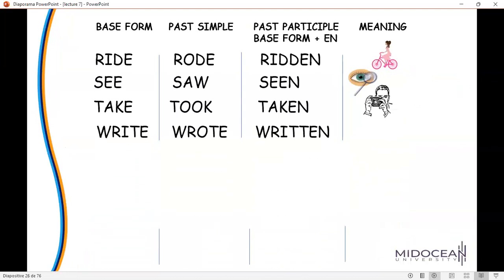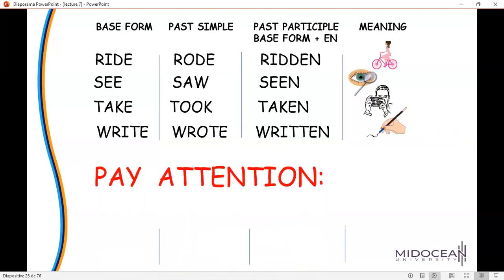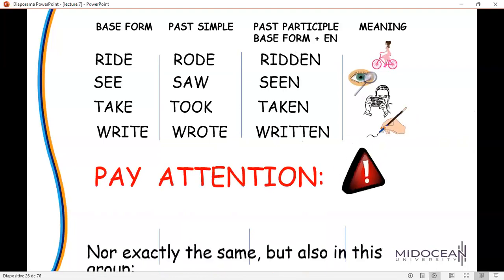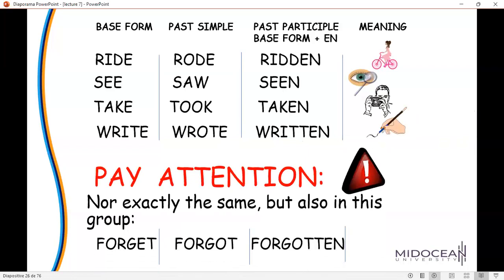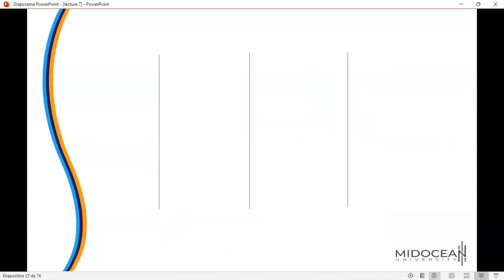Write, simple past of the verb wrote, past participle written. Pay attention now. Here you have the verb to forget, simple past forgot, past participle forgotten, meaning oublié.